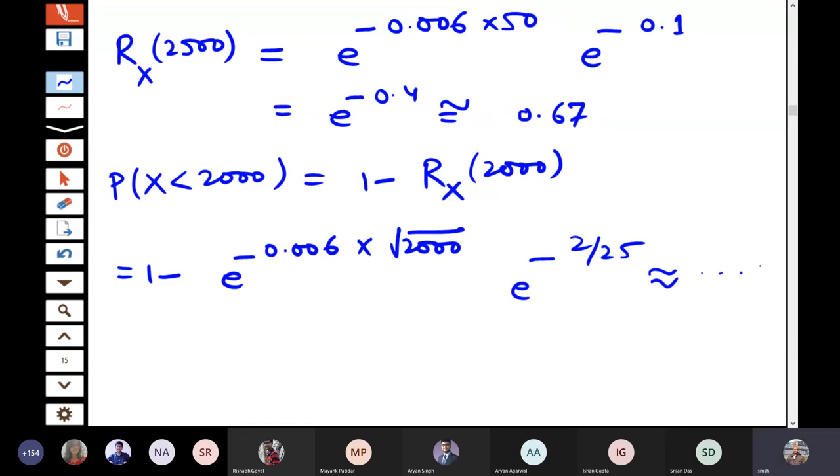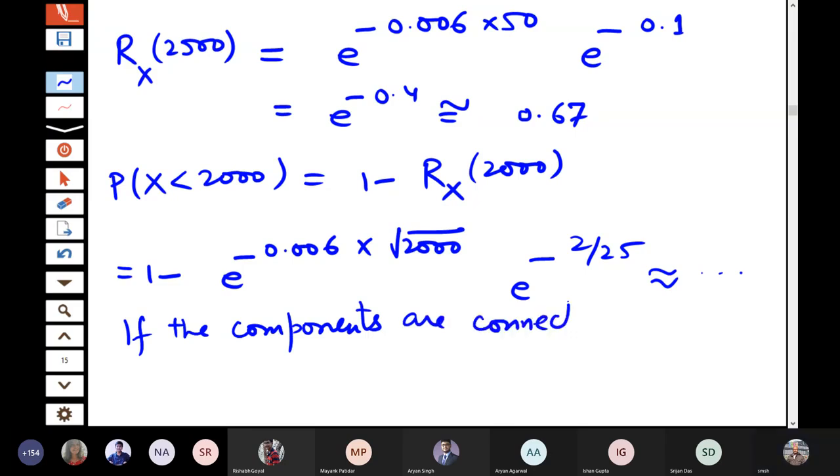And then the third part is the reliability if the components are connected in parallel.